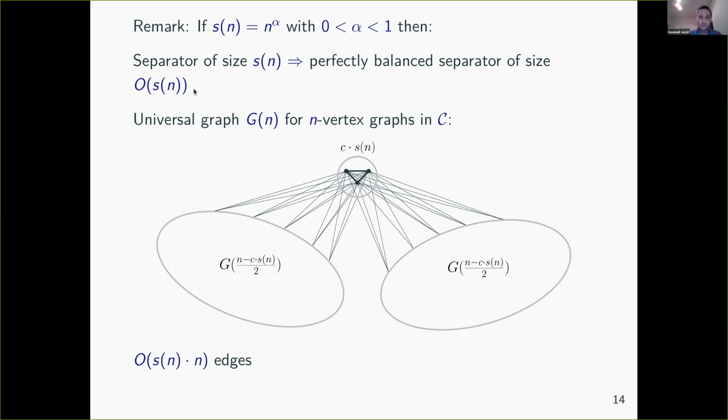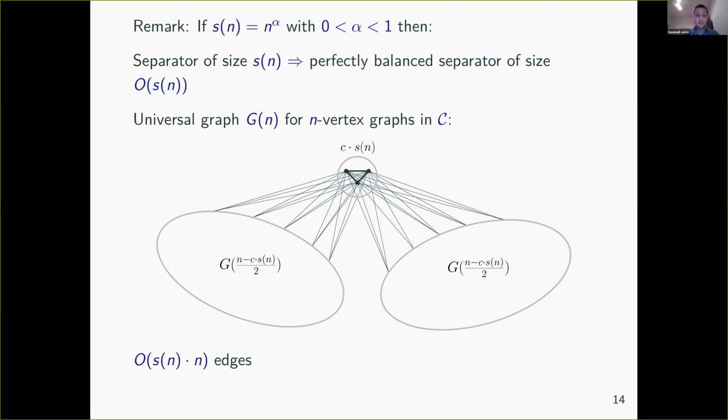You don't pay the extra log n factor. And same when you do the universal graph, again, the second log n factor disappears in the geometric series. So in that case, if you're looking in this regime, then you really get a universal graph where the number of edges is s of n times n. So size of the separator times n.